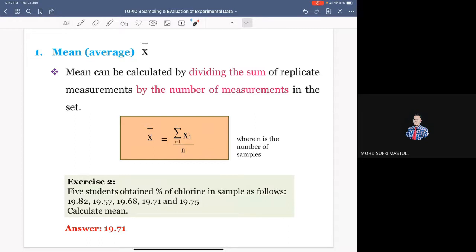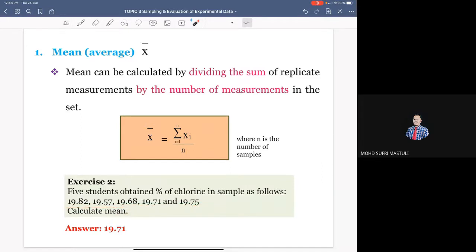So, a small exercise. Five students obtain the percentage of chlorine in a sample as follows. So they have five readings, or five values. Calculate the mean.